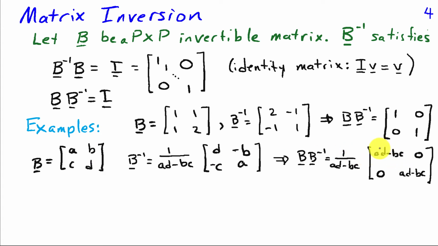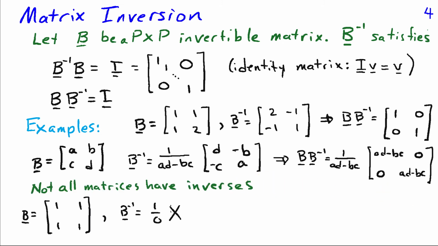I get this term, which is canceled by the ad minus bc in the denominator, so I'd have a 1 here. You can check the other ones out, they work also. In general, closed form expressions for matrix inverses are very difficult to find, and we're going to do that with the computer. Almost all software packages have a matrix inverse function, which you give a matrix and it'll spit out the inverse, assuming the inverse exists.